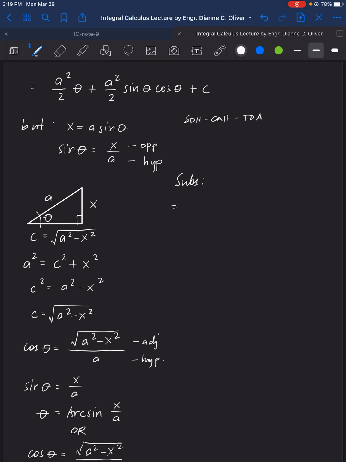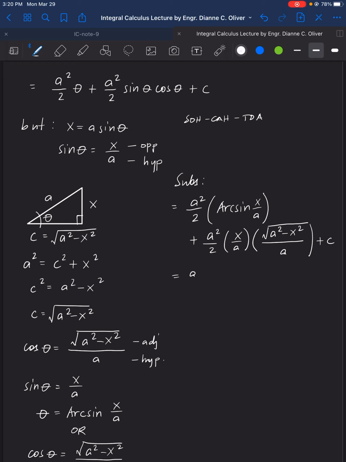So we finally have a squared over 2 theta. Our theta is arc sine of x over a, plus a squared over 2 times sine theta, which is x over a, times cosine theta, which is the square root of a squared minus x squared over a. And don't forget plus c.